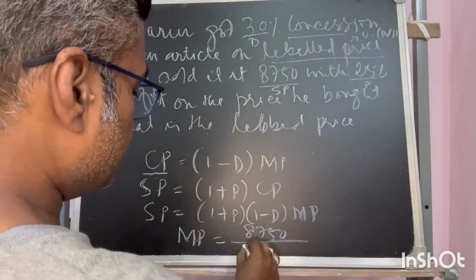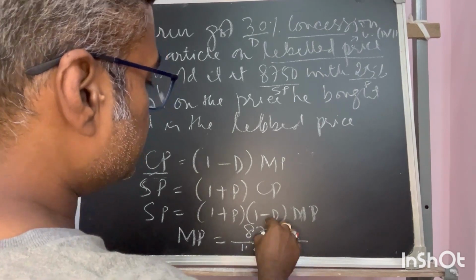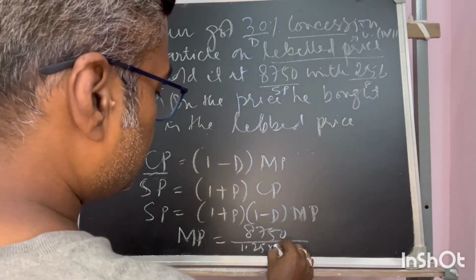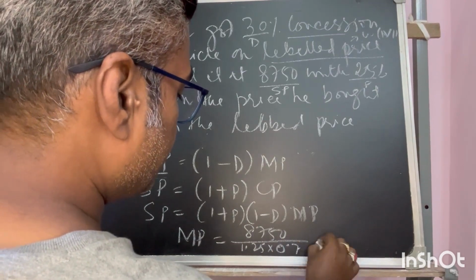So that means 1 plus P is equal to 1.25, into the discount of 30%, that means 1 minus D, that is 0.7 ultimately.